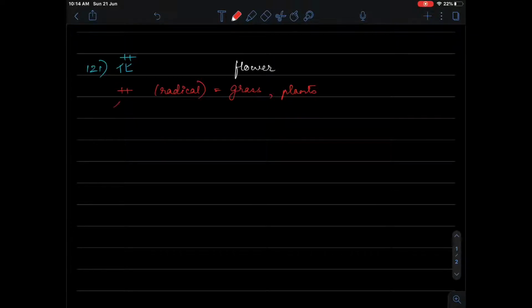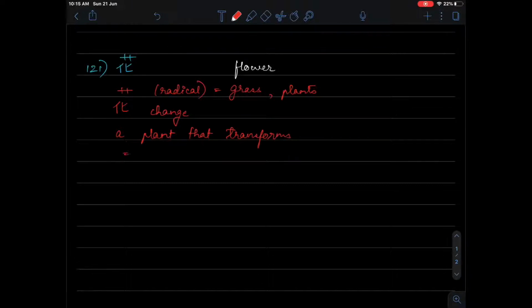Now we also did this part yesterday, and we said that this means change. So let us say that there is something changing and transforming, and it is turning into grass. So you can think of it as a plant that transforms.